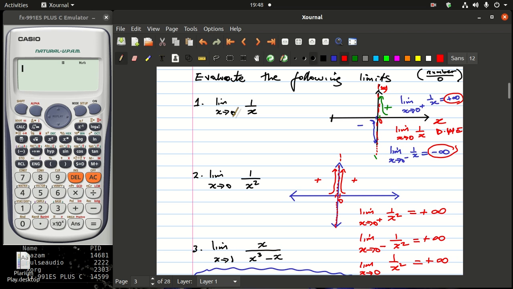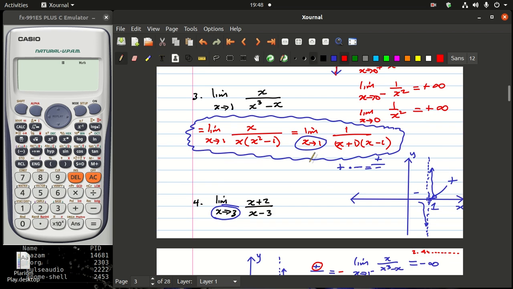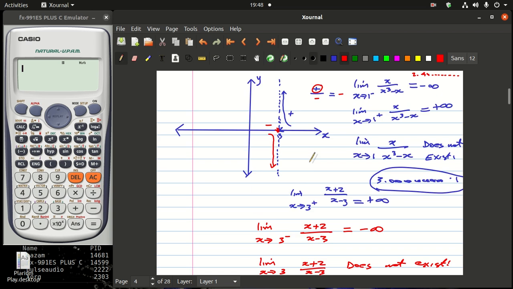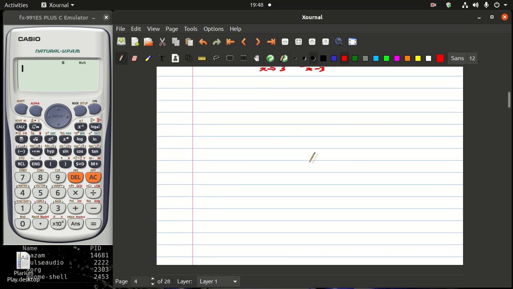If it is positive, then you're going to positive infinity, then your limit will go to positive infinity. Otherwise, you can have one going up and the other going down. In that particular case, the limit does not exist.